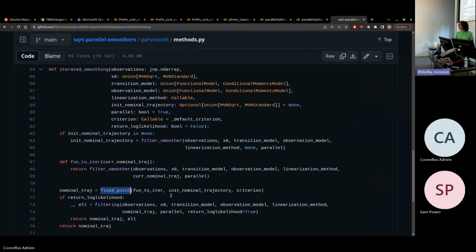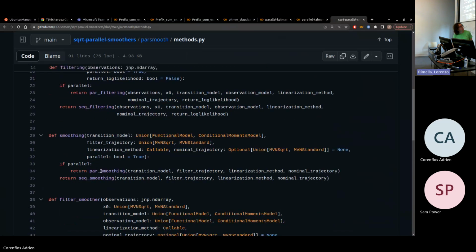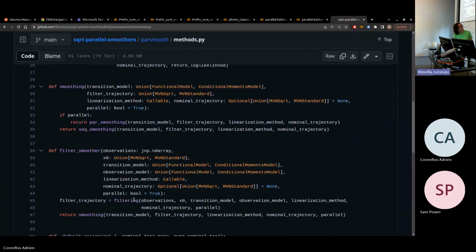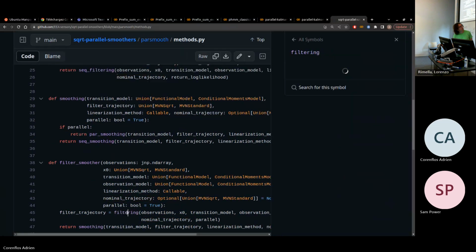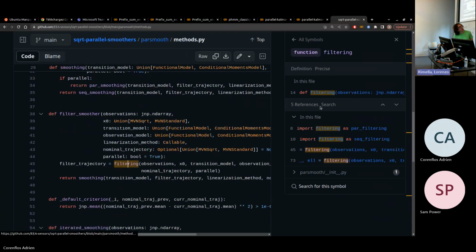Okay, so again, once you have all the primitives coded, it's five lines of code, right? So filter, smoother. That's filtering here.